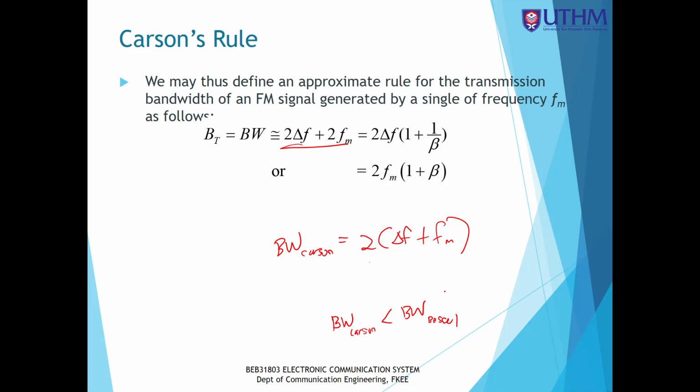Bandwidth by Carson ini sebenarnya lebih kecil daripada bandwidth by Bessel. Why? Because this bandwidth is approximation bandwidth. So you see that there are two people who wanted to find out about the bandwidth. One is Bessel, Bessel is another person. Carson is another person. So both come up with different kinds of equations to find the bandwidth.